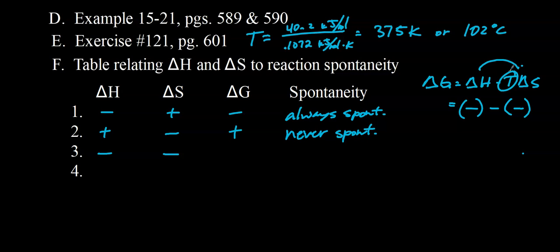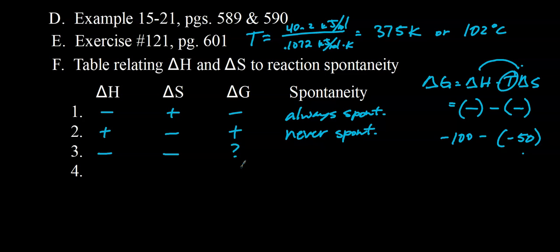So now, when can delta G be negative? Delta G will only be negative if the magnitude of T delta S is smaller than delta H, because then we're going to have a bigger negative number here, say, than here. So if you had negative 100 minus negative 50, you get negative 50. So notice that T delta S is smaller than delta H. So I'm going to put that there, meaning it depends.